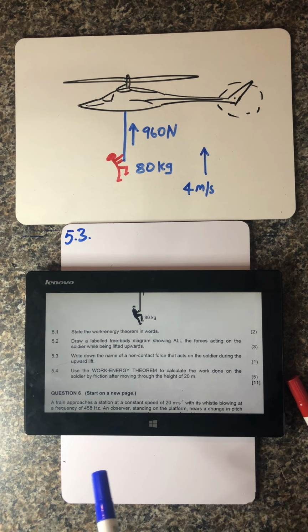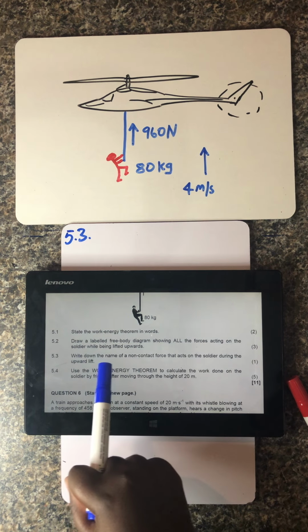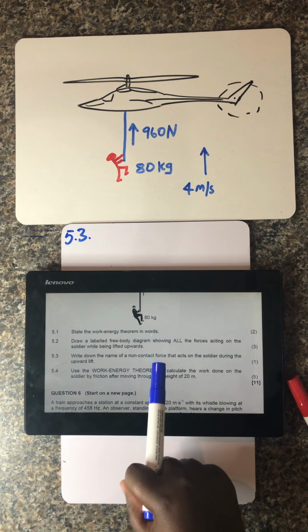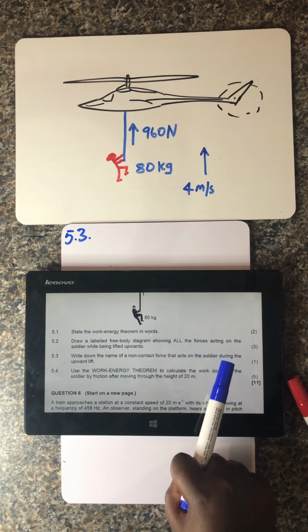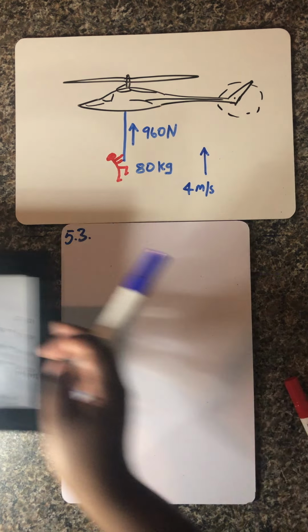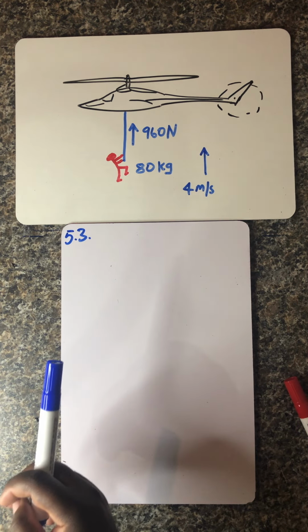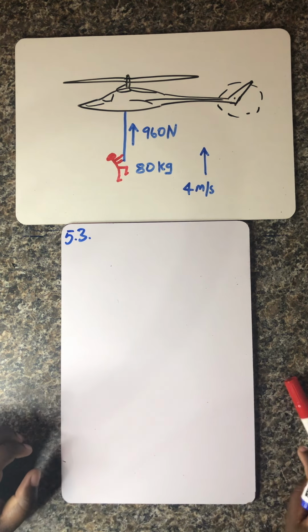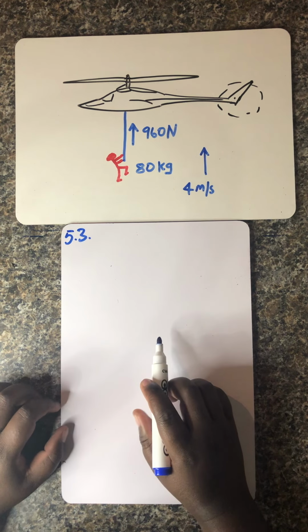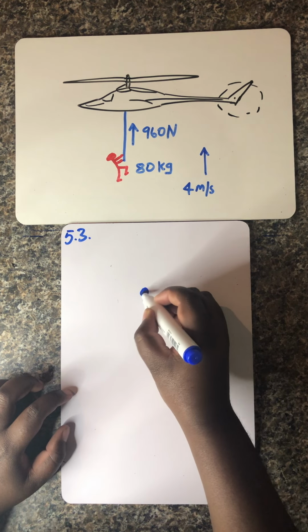Okay, so ladies and gentlemen, getting back to our question, they're saying write down the name of a non-contact force that acts on the soldier during the upward lift. Very, very much important that you give this type of question your full attention. Remember, this is that soldier.